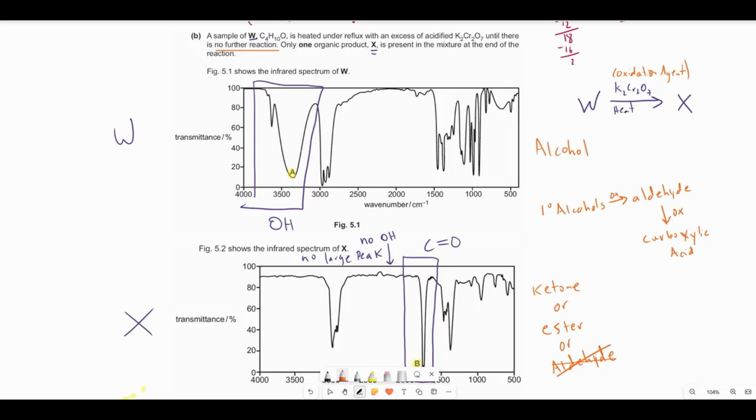Meaning that this has gone all the way through and therefore could not be an aldehyde. Also, because of that, and because we know this is not a carboxylic acid, this alcohol can't be primary. So we're finding out a lot of information just from putting all these pieces together. It is a very difficult, critical thinking question where you need to remember a lot of different parts of what you learn about organic chemistry.